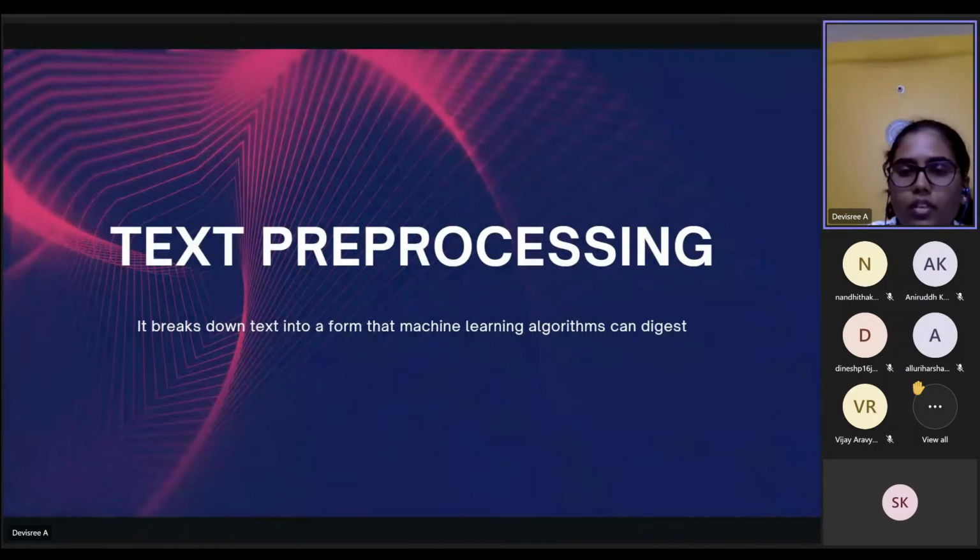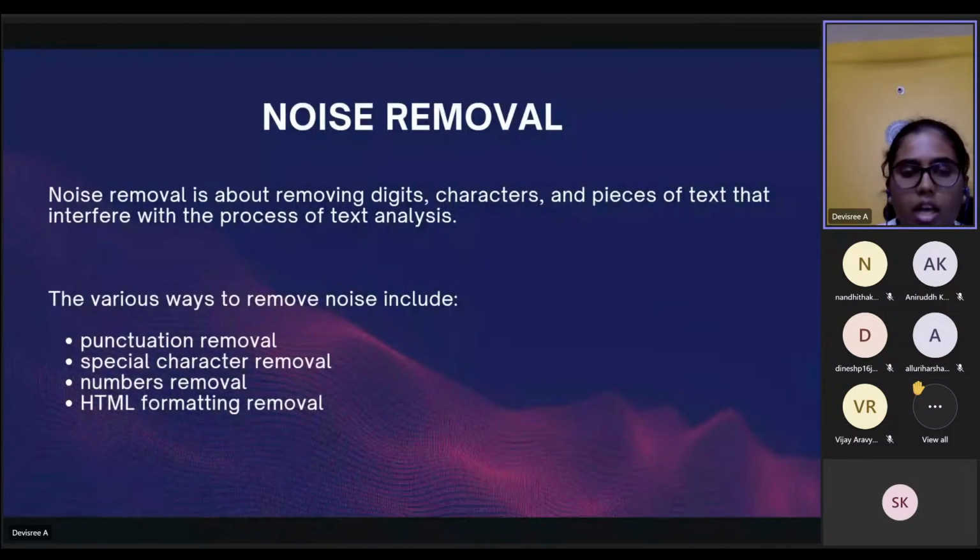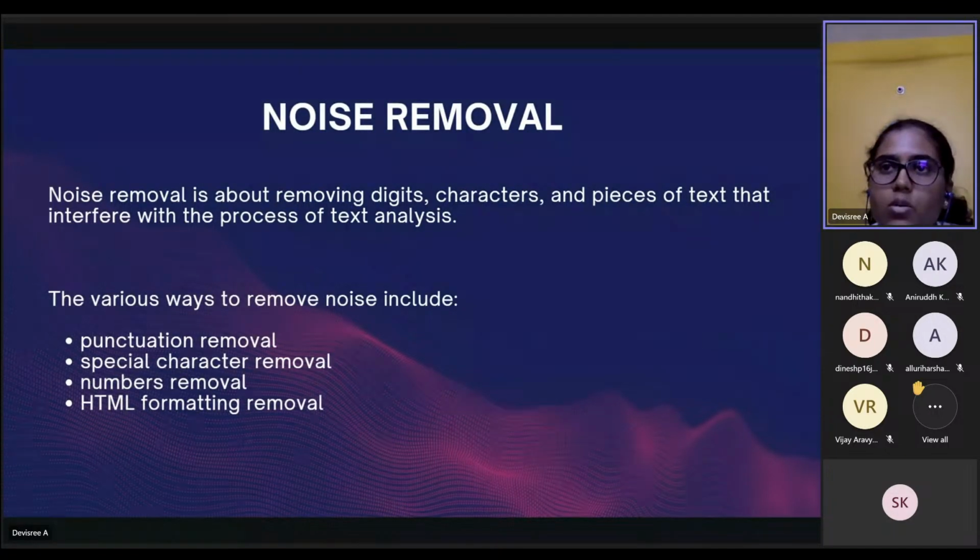If we look through the steps, it'll be easier to understand what preprocessing is. Okay, first thing is removing noise. Noise in text refers to the irrelevant information or characters that might be contained in the text, which is not really required for the ML algorithms to learn anything out of it.